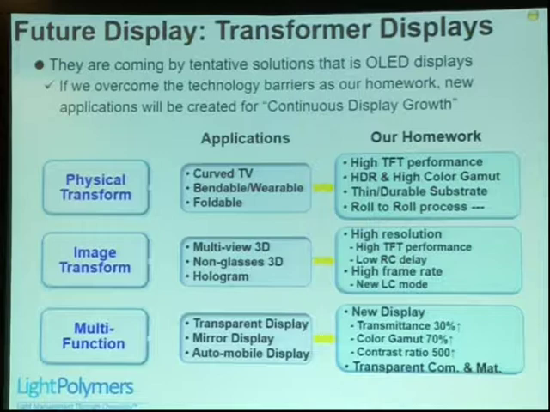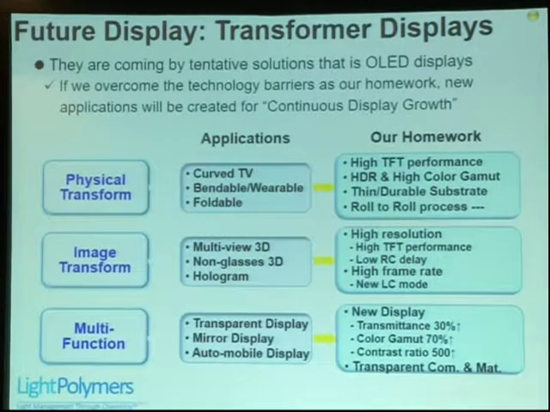Also, the technology for 3D is very, very difficult. The key will be the resolution of the 3D, which will be solved by high TFT performance and low RC delay. So I want to go into the technology in detail.